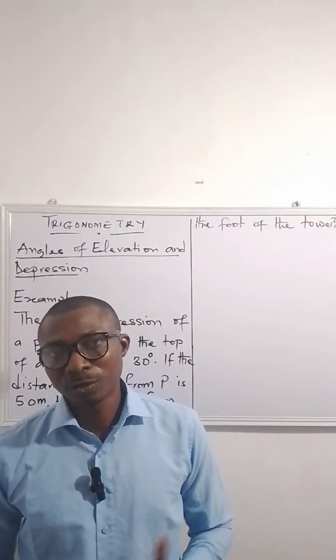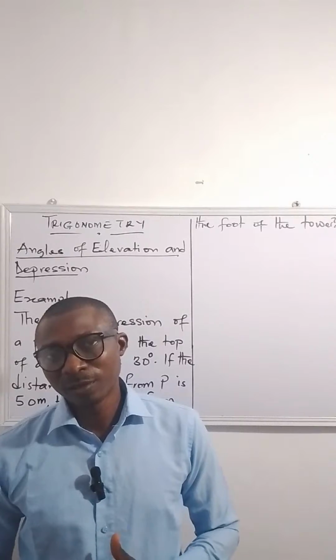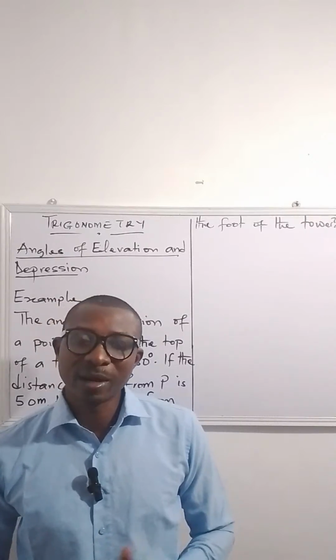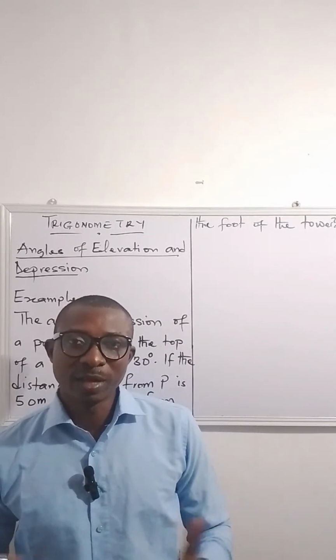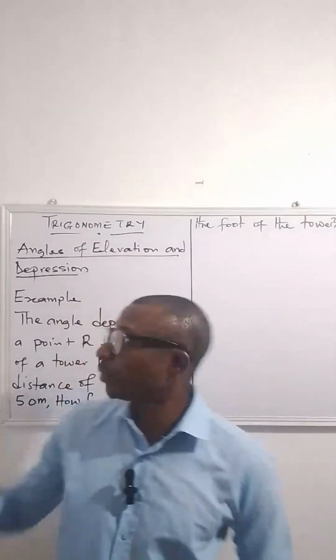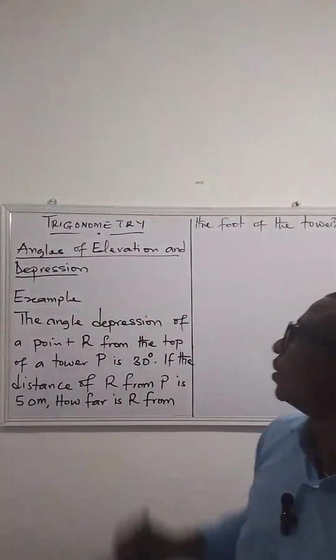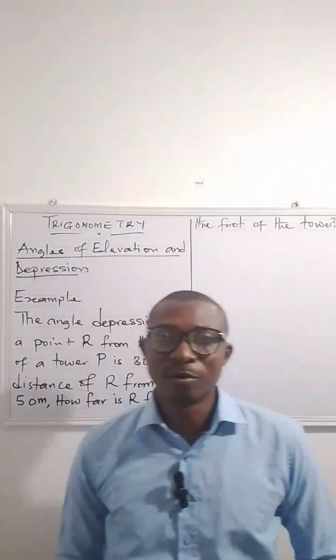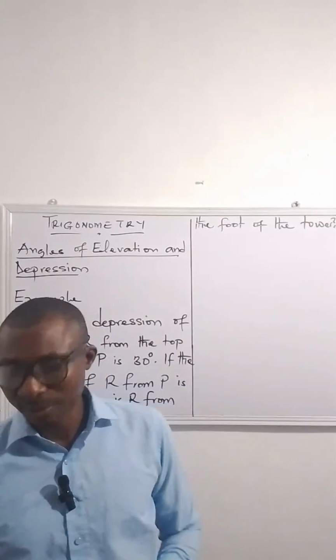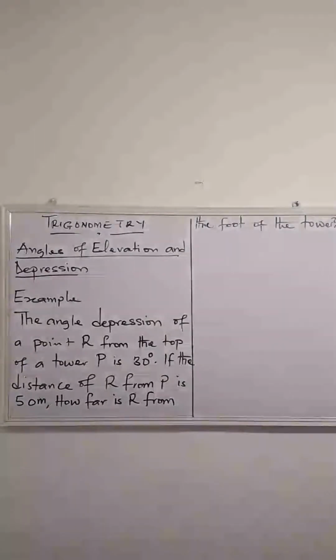Now we are still going to continue on that note, but this time around we want to look at real life problems. So we are starting with angles of elevation and depression.